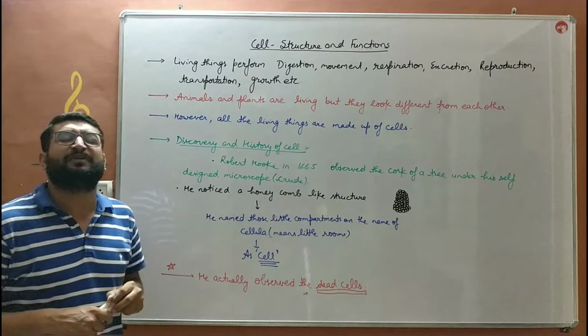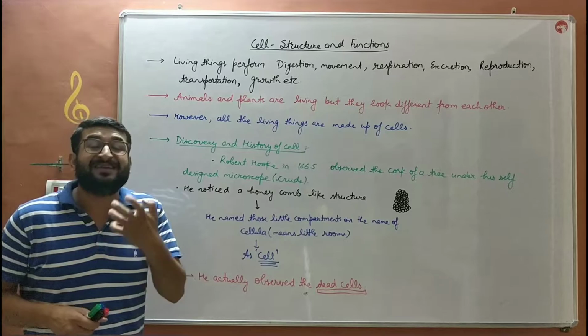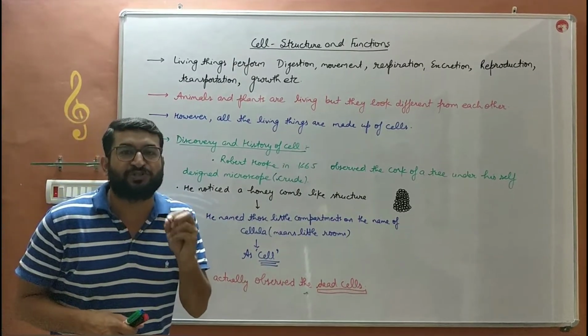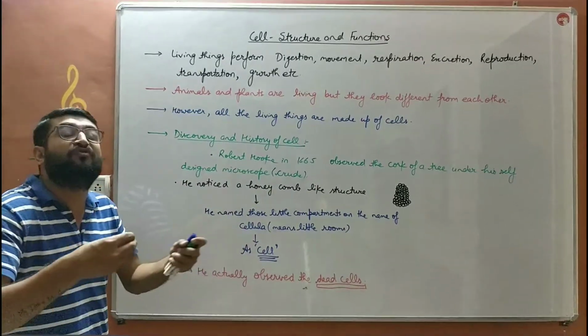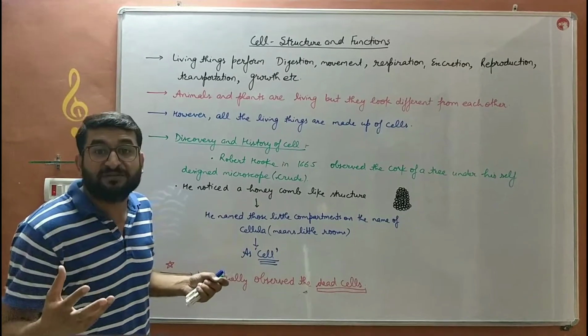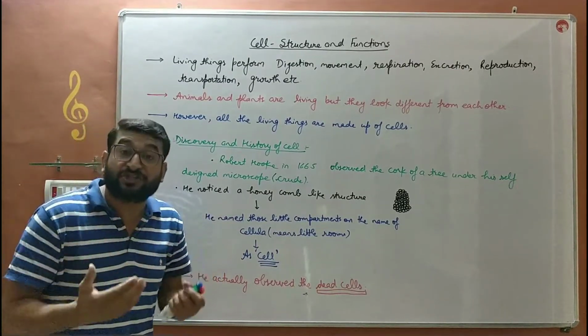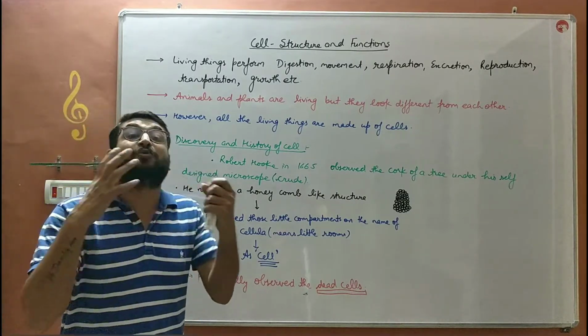Living things basically perform certain activities, certain processes to maintain their life, and those processes are referred as maintenance processes or life processes. These processes are movement, respiration, sensitivity, growth, reproduction, excretion, nutrition, transportation.